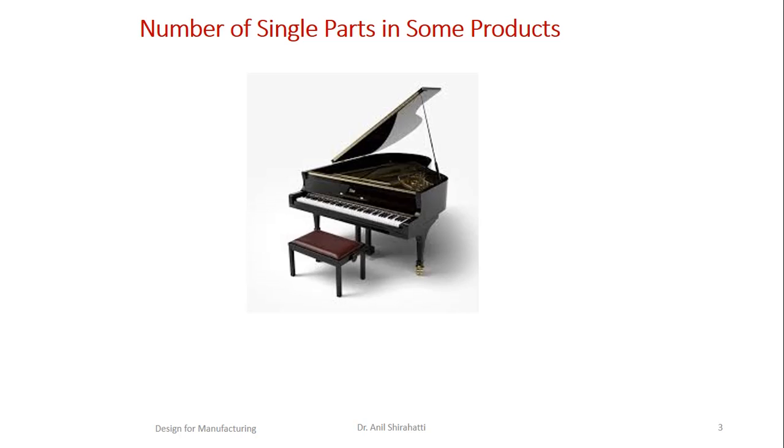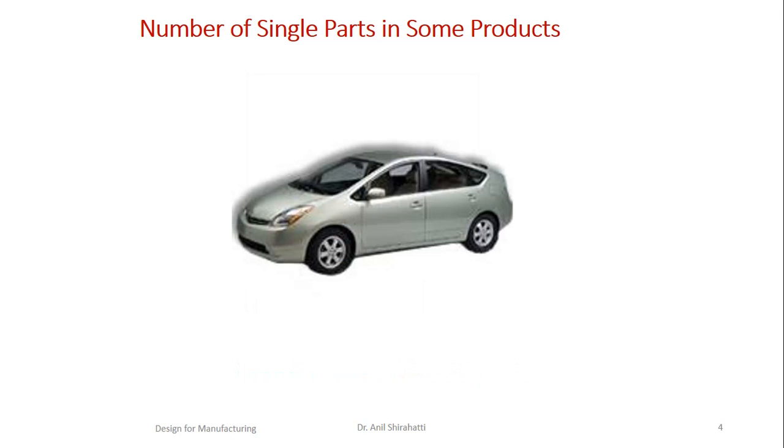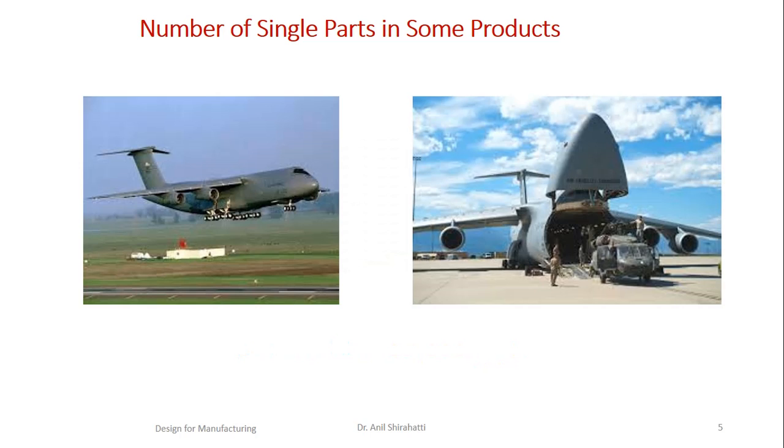So why is this subject so important? If you see the number of single parts, in a piano there are more than 12,000 individual parts. If I make it slightly more complicated, in the case of a car, there are more than 15,000 single parts. Let's go to more complicated.